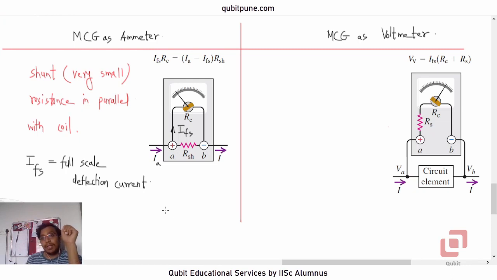Now, the moving coil galvanometer as a voltmeter. How do we do that? We attach a very large resistance in series with the coil. We don't call it a shunt.